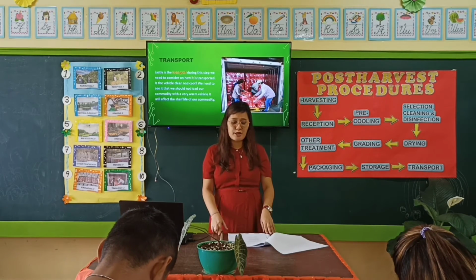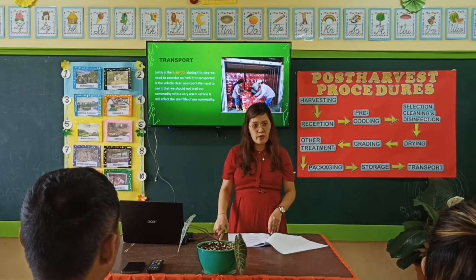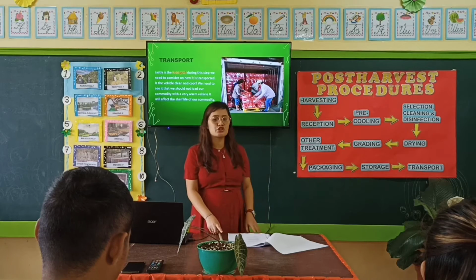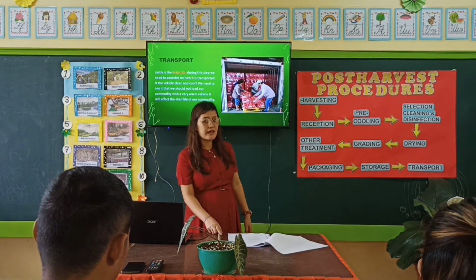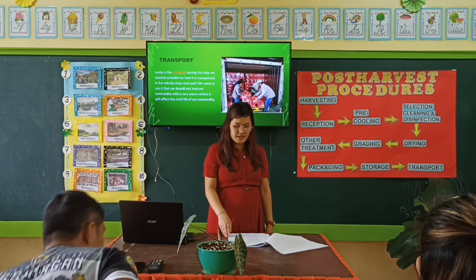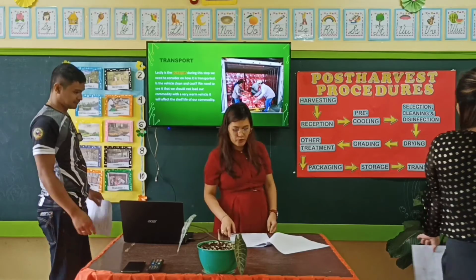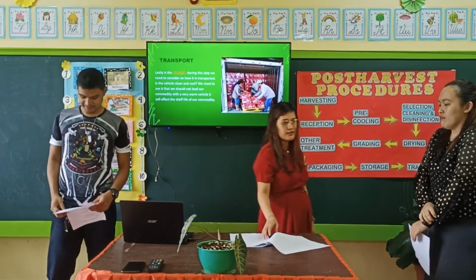Okay, class. Time's up. May I request one representative in each group to please come in front and read your answers. The first to present is group 1, followed by group 2, and last is group 3.